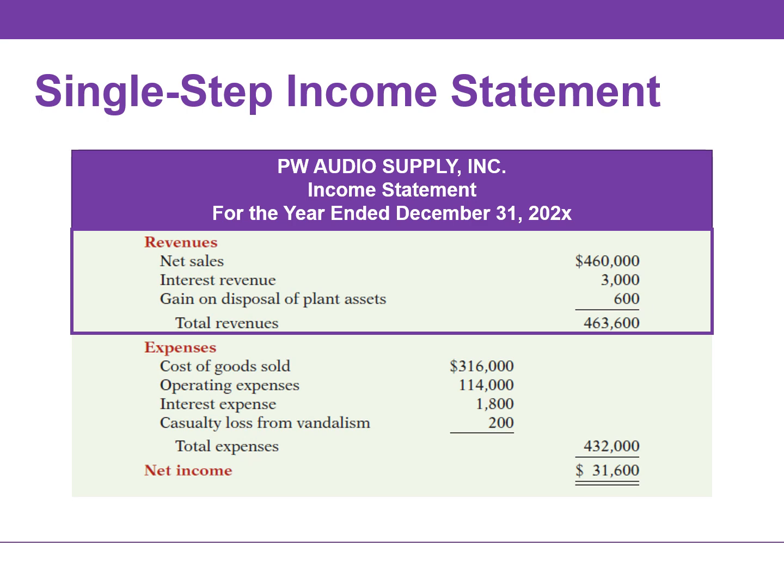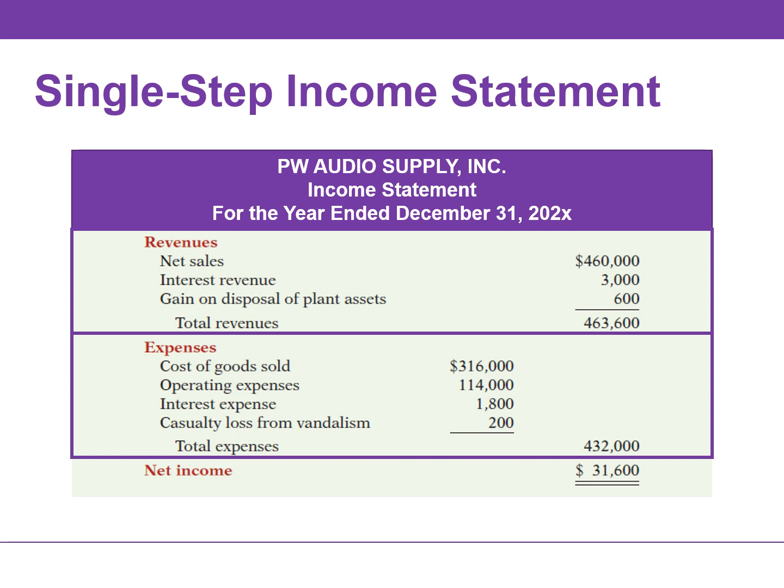The second category is expenses. This category includes cost of goods sold, operating expenses, income tax expense, and non-operating expenses such as interest expense and loss on the sale of equipment.